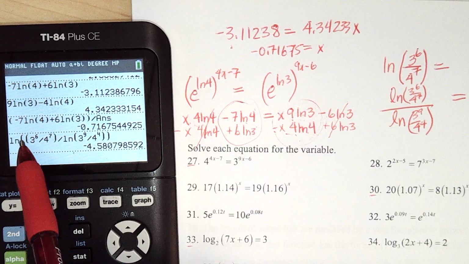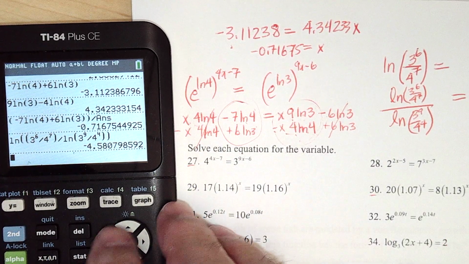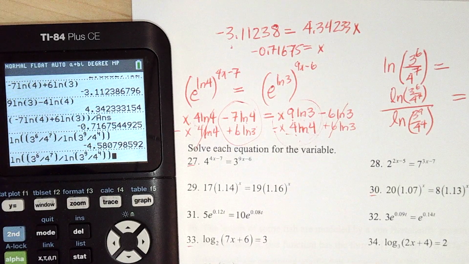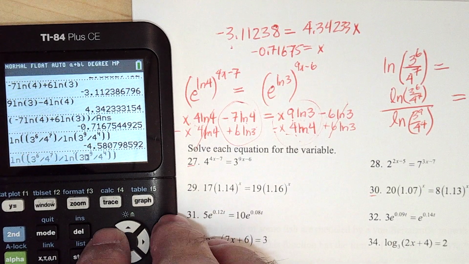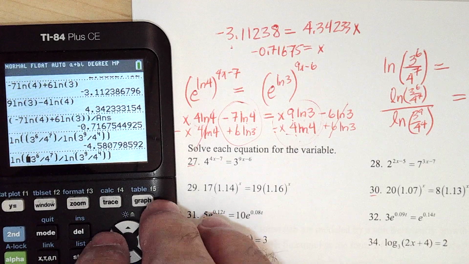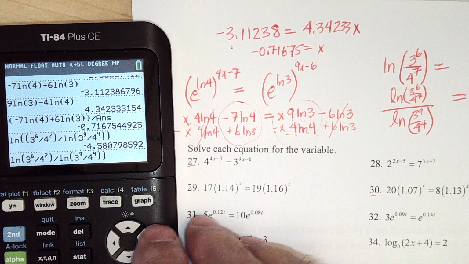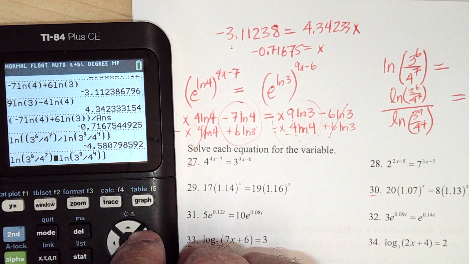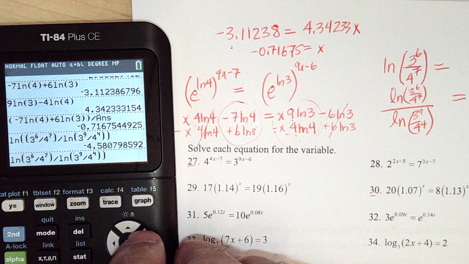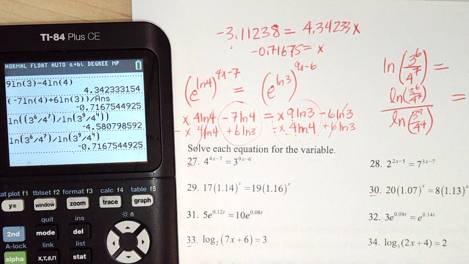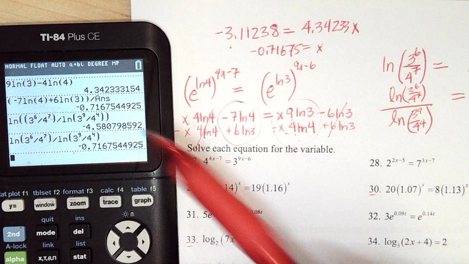Oh, I see. I got an extra parenthesis in here. I see what the problem is. The ln automatically starts with a parenthesis, and I added another one. And so I need to get rid of that. And now it should be. There it is. Now they match.